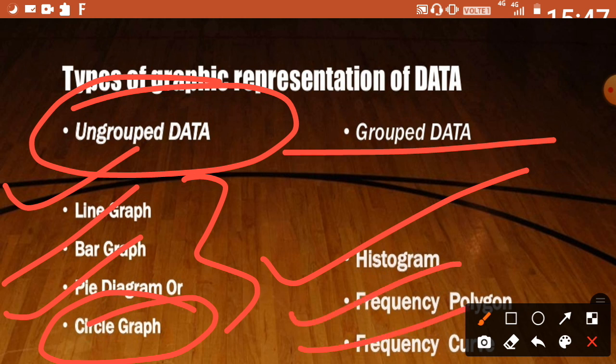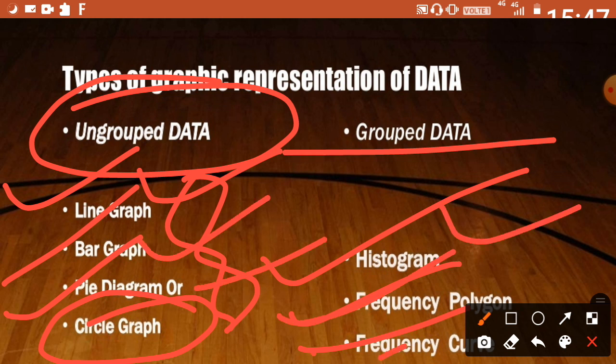So your data is of two types, ungrouped and grouped, and we can present them graphically in these ways. I think all these types of graphs are known to us, as we have studied them. Okay, so let's move to the next slide.